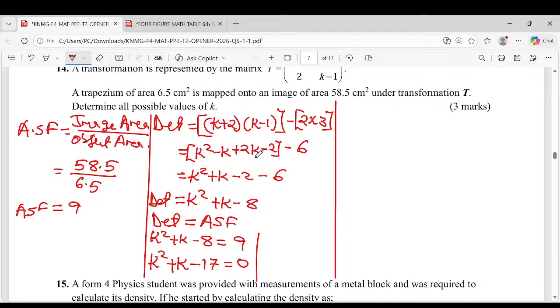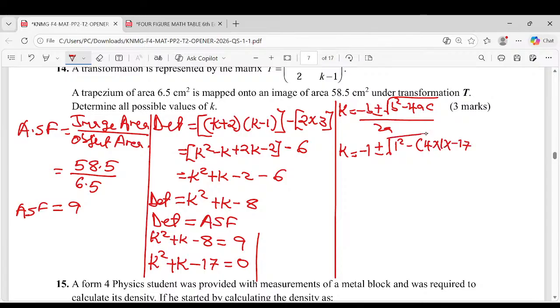Let me say that k can be given as minus b plus or minus the root of b squared minus 4ac over 2a. So our k will be given by minus b, which is now minus 1, plus or minus the root of b squared, which is 1 squared, minus 4 times a, which is 1, times c, which is negative 17, being divided by 2 times 1.